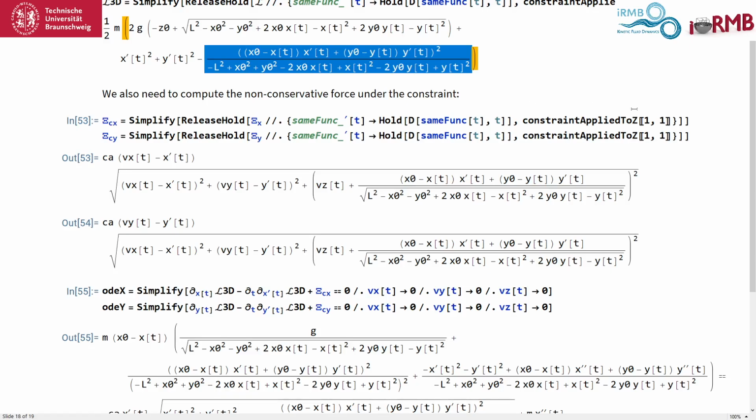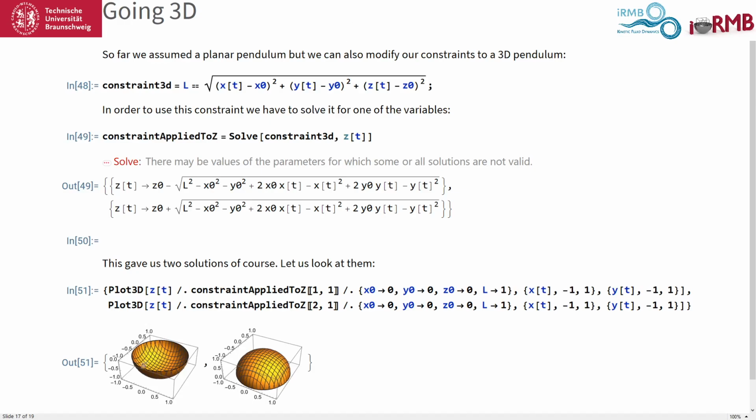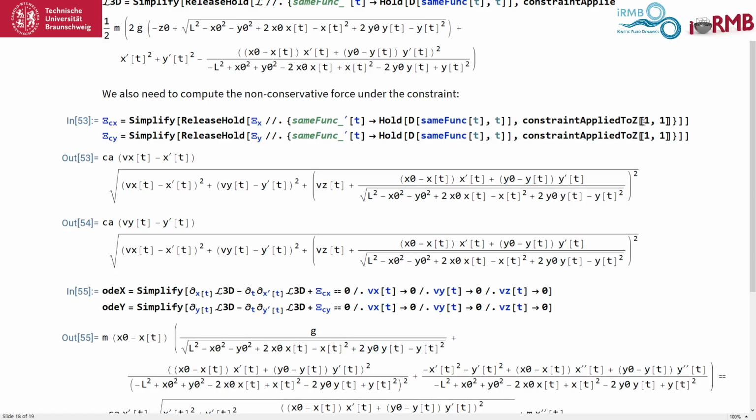By the way, we take the first constraint, so that we get only one of them. We take the lower shell. This is the first solution, the first replacement.